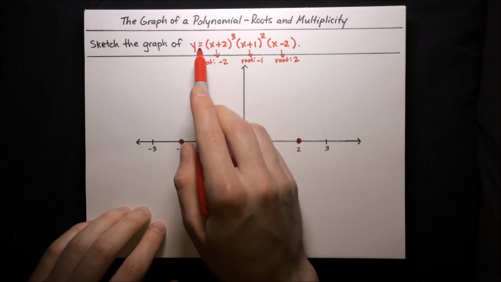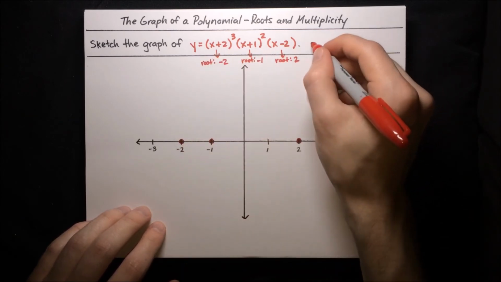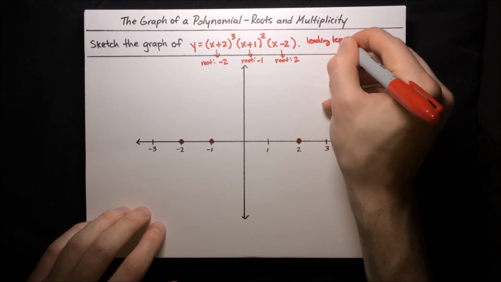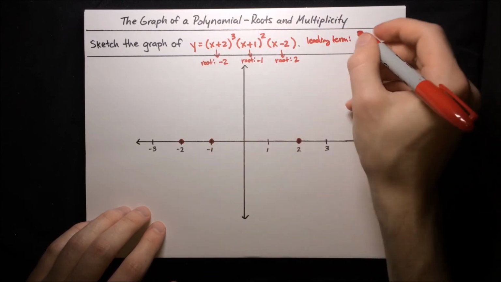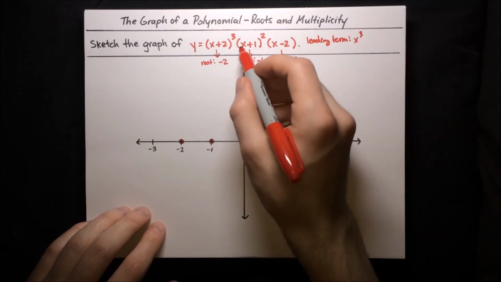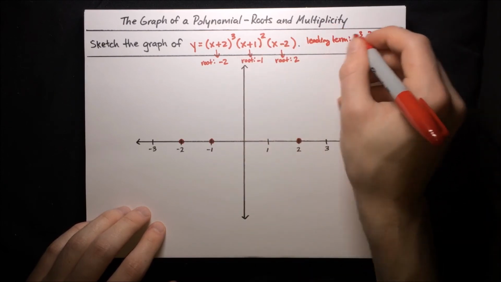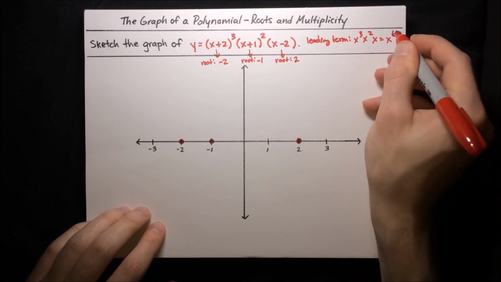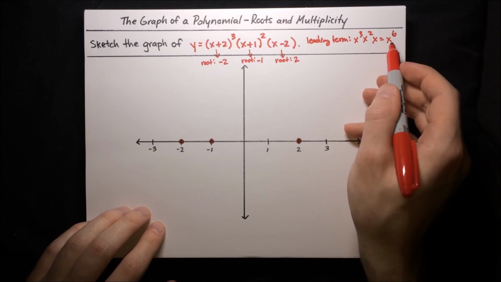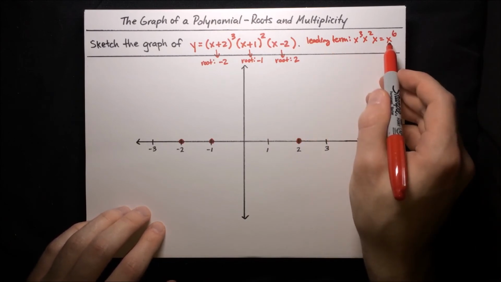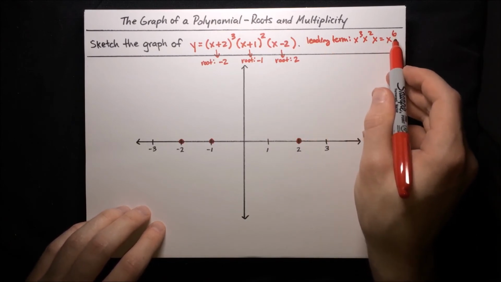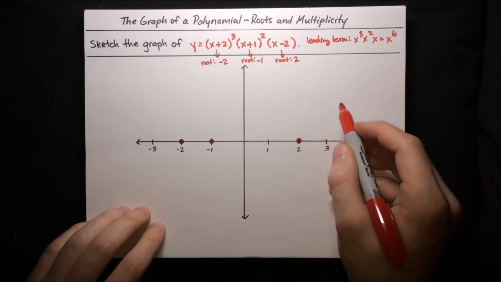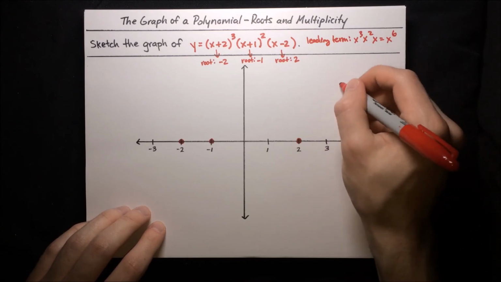So if we were to multiply all of this out, we'd get a leading term of, well, there'd be an x to the third times x squared, and then times x, which would make an x to the sixth power. And let's think about the end behavior corresponding to that leading term. So x to the sixth, when we plug in positive numbers, that's a positive number to the sixth, that's still a positive number, so it's going up like this.